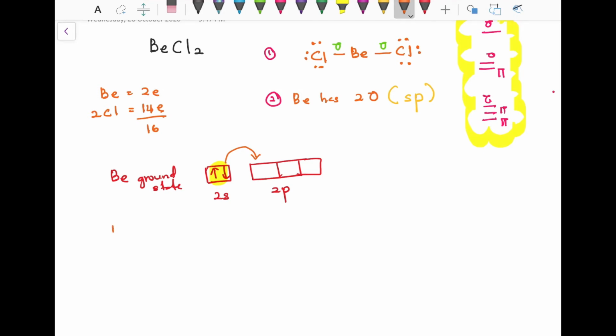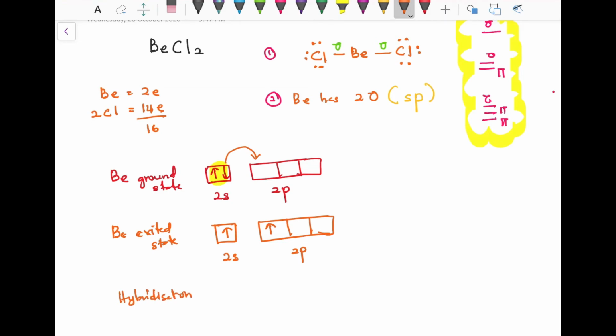So the second one is the beryllium excited state. We will have this once the electron is excited. So you have one here and one here. Now you have 2 available orbitals for overlapping. And the third one is hybridization.